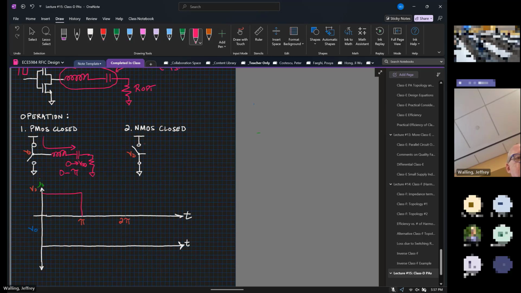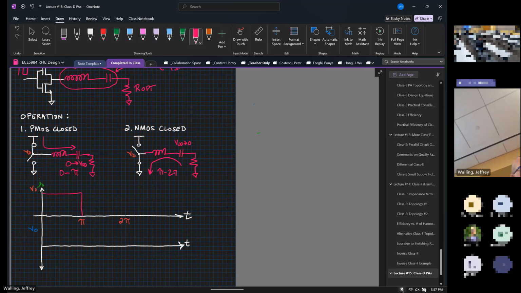And then at time pi, the PMOS is going to open, the NMOS switch is going to close. We have our same network, except now we're going to have a sinking current that's going to discharge the cap. So the cap is going to go from VDD back to 0.